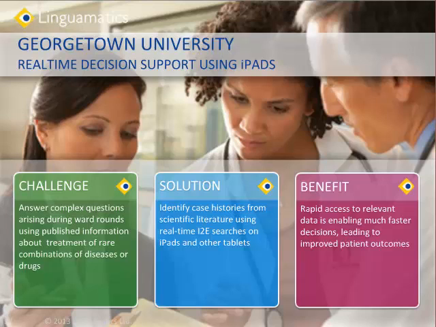The papers can be passed on and emailed to the physicians so that they can read them later on, or just have them as a record of the decision-making process. It's a really exciting, interesting project. Has turned the information person in question into, as he puts it, something of a rock star. Everyone's very keen for him to be on rounds and make sure that their questions can be very effectively answered. So we're very excited about that particular project.